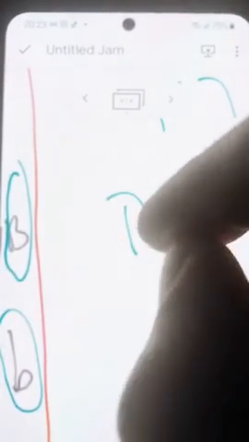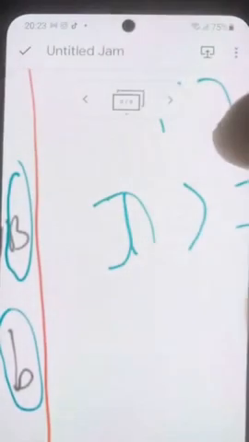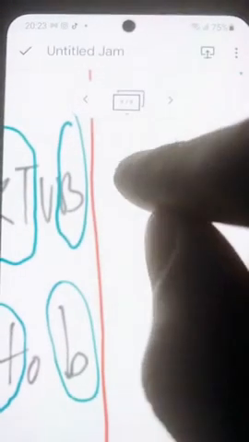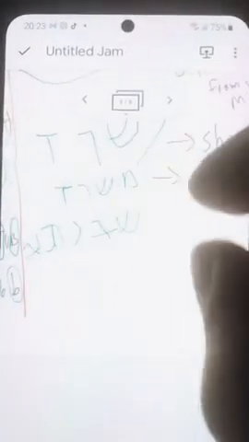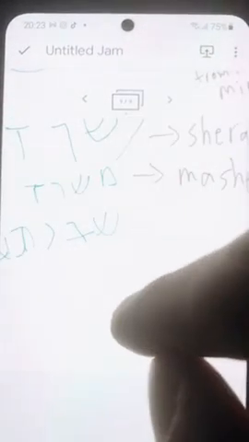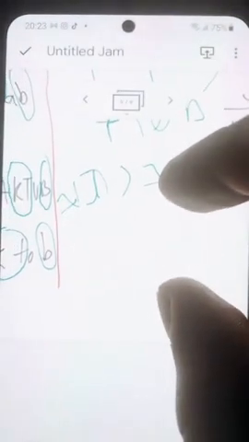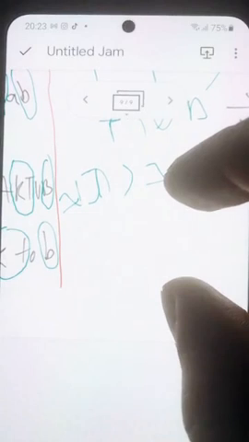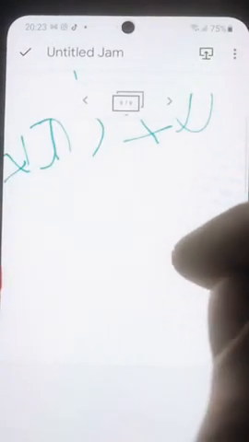Perfect. Now, the last topic for today, it's the vowels. Basically, we have three main vowels, three short and three long. So let's take bet, or ba.